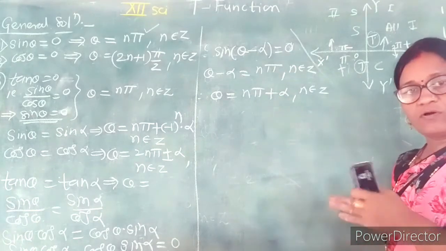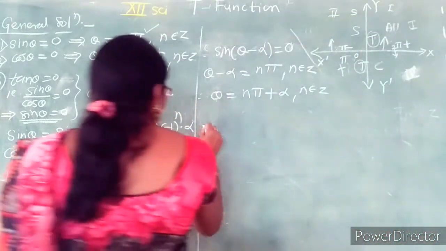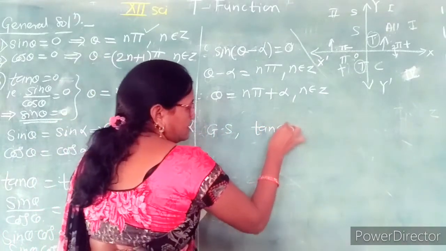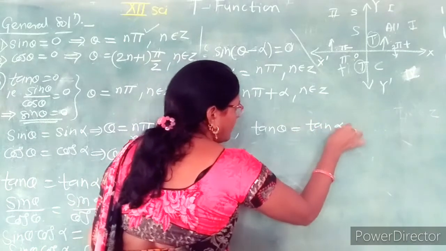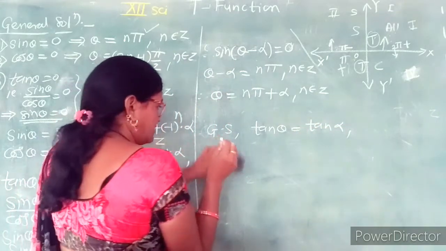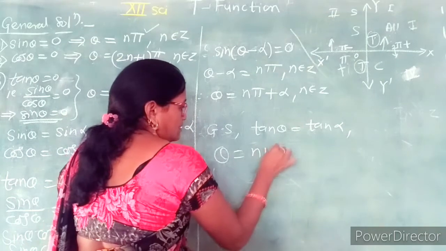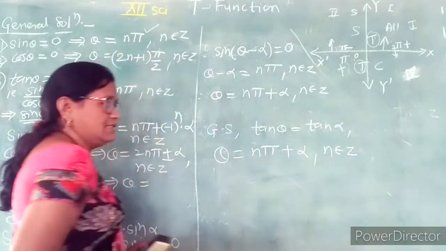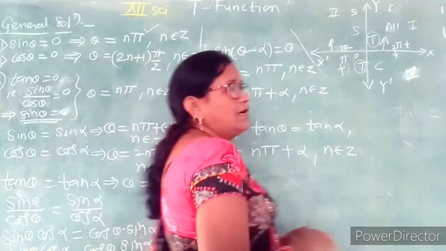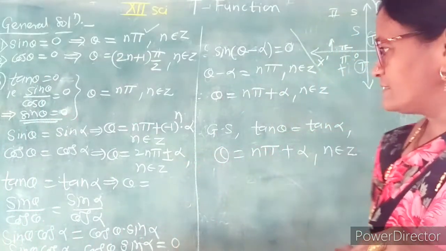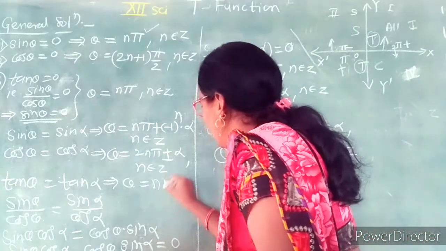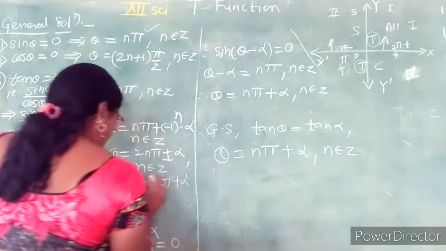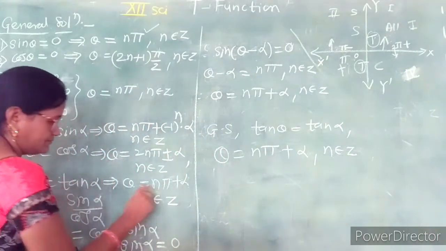We may take this in clockwise or anti-clockwise rotation, and therefore the general solution for the equation tan theta equal to tan alpha is theta equal to n pi plus alpha, where n belongs to Z. This is important, as the tangent ratios are the same in the general solution n pi plus alpha, again with the condition n belongs to Z.